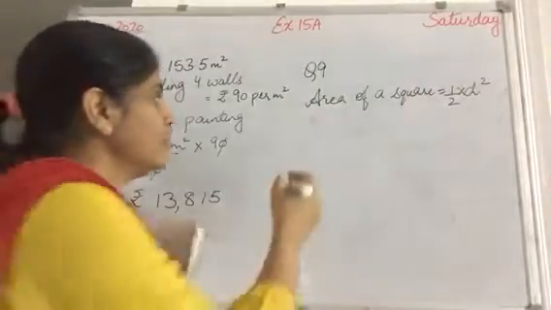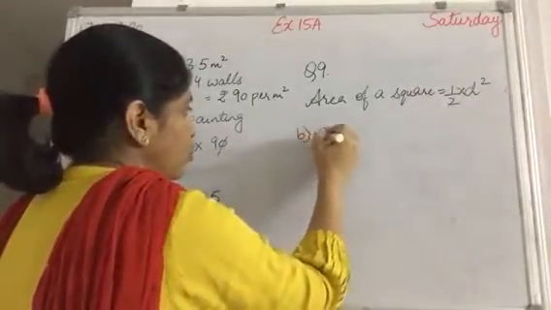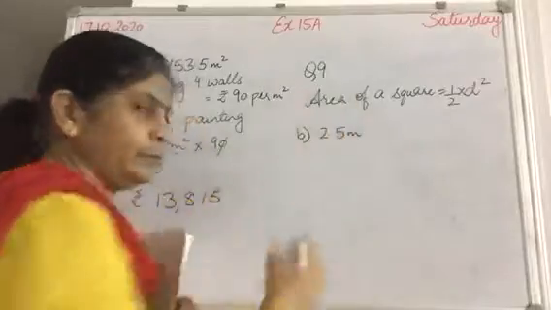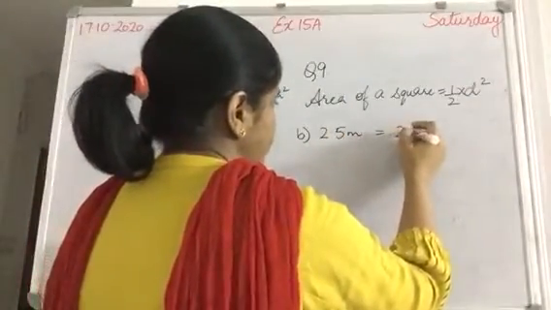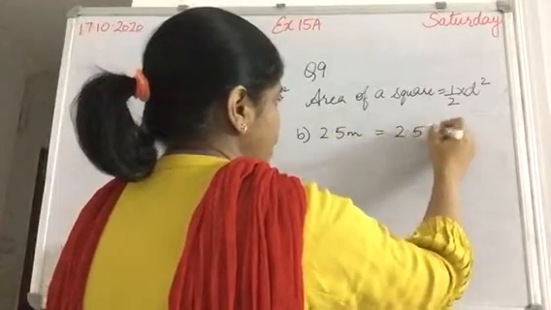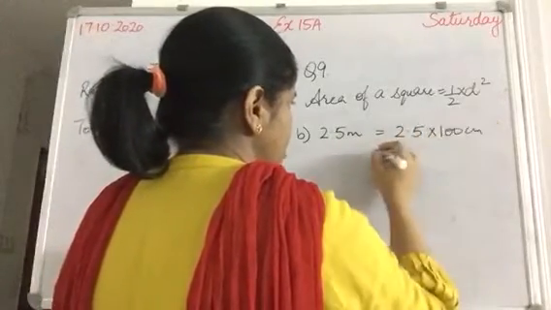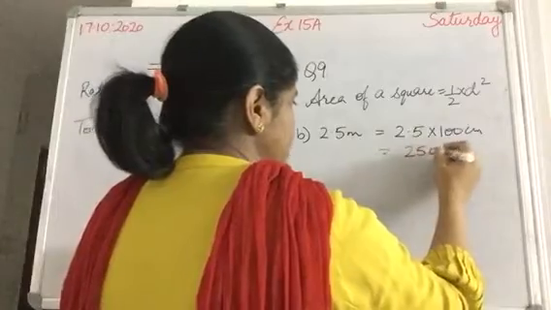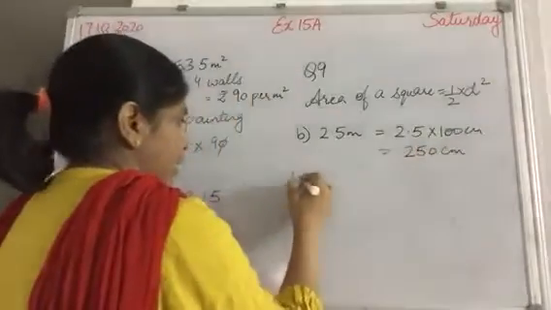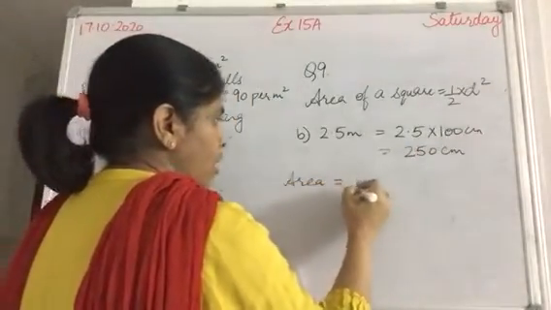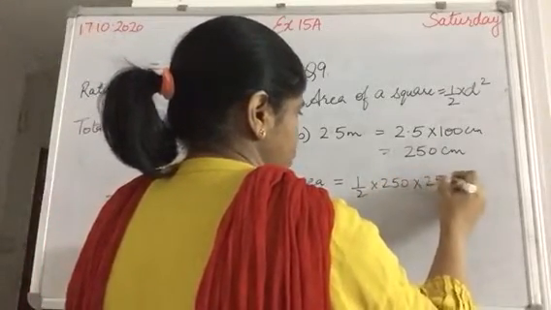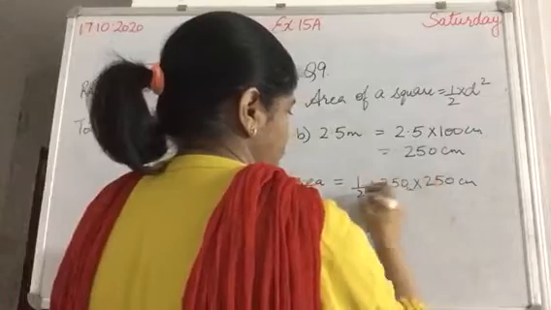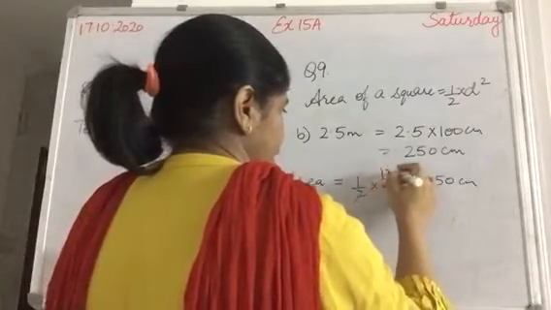B part, I will do the B part. 2.5 meter. First we convert it into centimeter. So it will be 2.5 multiplied by 100 centimeter. It will be 250 centimeter. Area half into 250 into 250, 125.